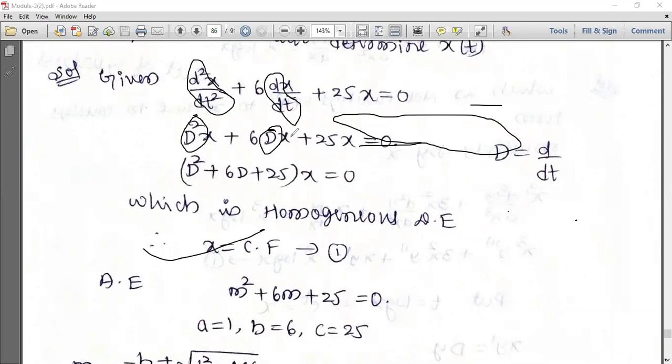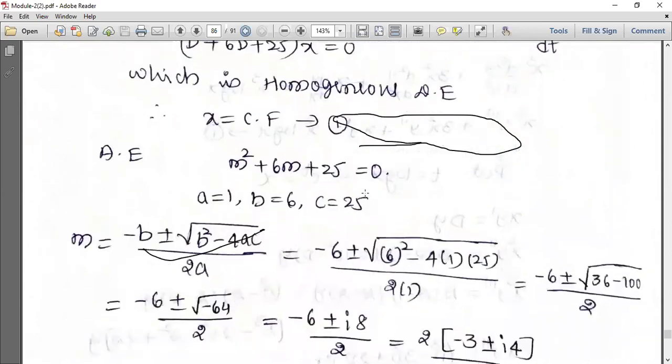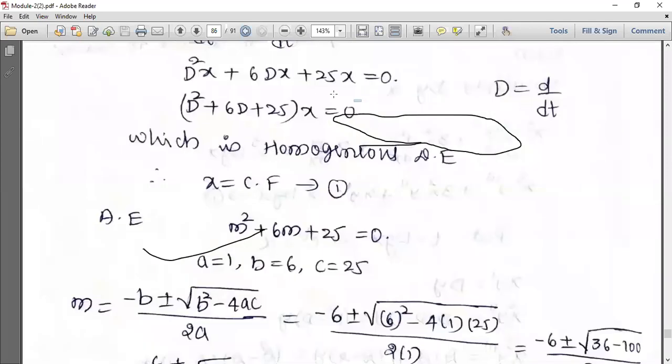Everywhere x is common, so I'll take x common. That is D square plus 6D plus 25, into x, equal to 0, which is a homogeneous differential equation, since it is equal to 0.